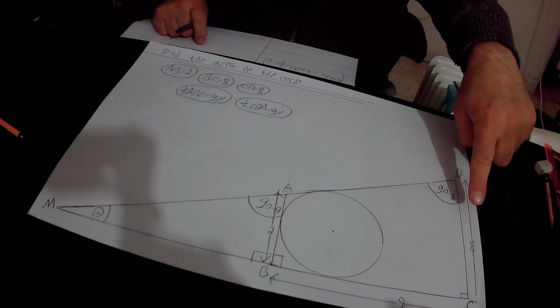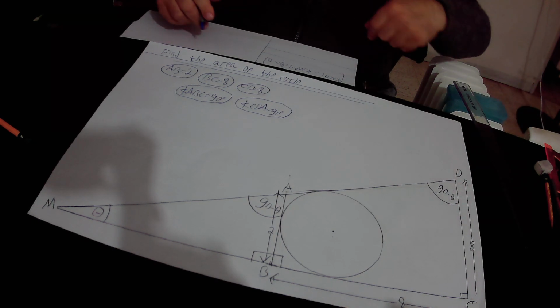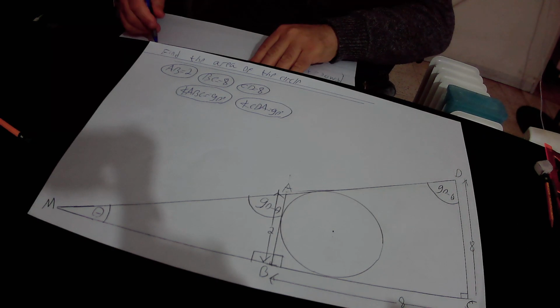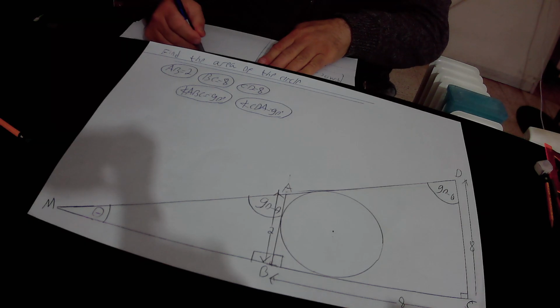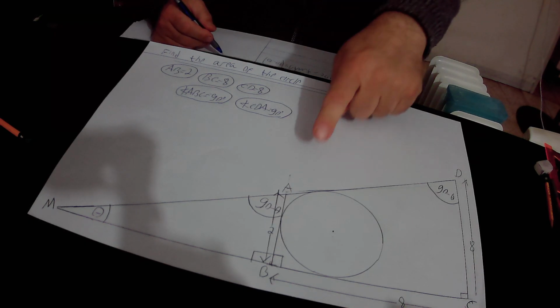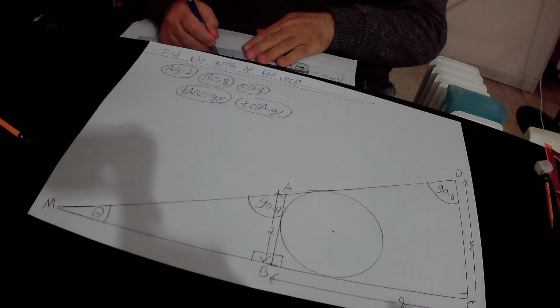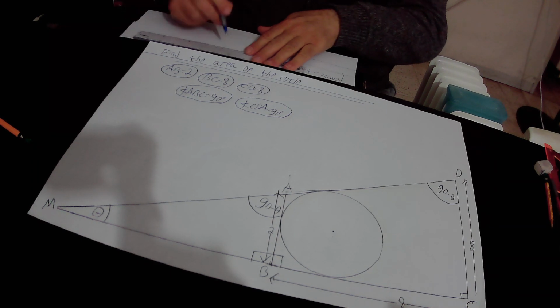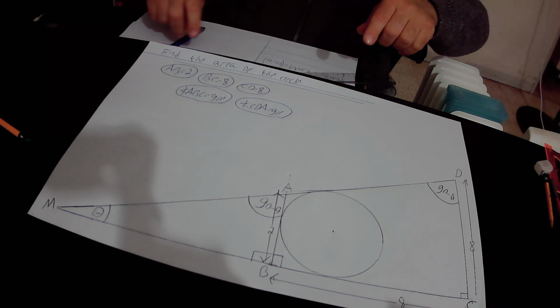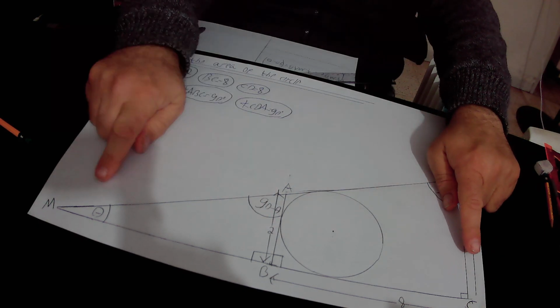DC equals 8 units in its length over AB. AB is 2, and it equals CM over BM. What is the length of CM?